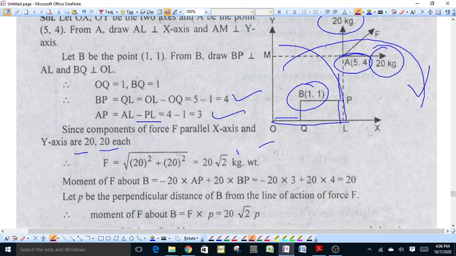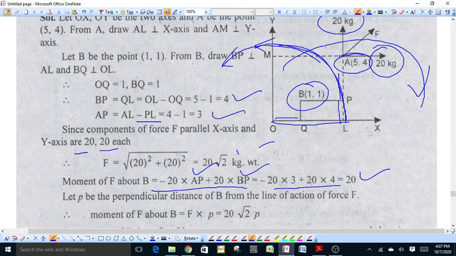The sense of this moment of the vertical component about the point B, that is (1, 1), is anti-clockwise. Therefore, the moment of this component will be positive and equal to 20 into BP. By putting the values of AP and BP, we have minus 20 into 3 plus 20 into 4, which comes out to be 20. That is, the moment of force F about point B, that is (1, 1), is equal to 20.